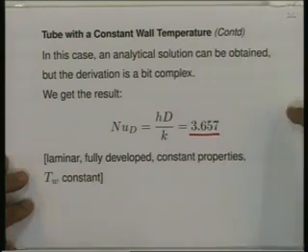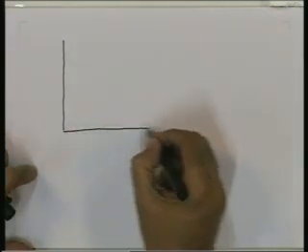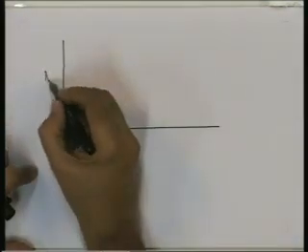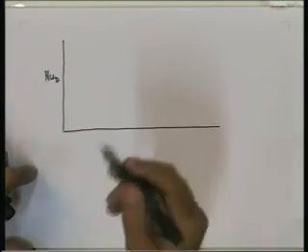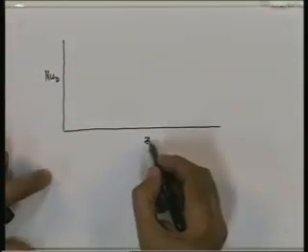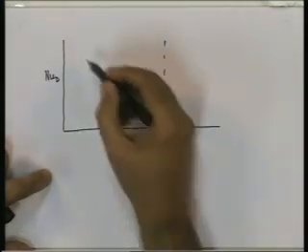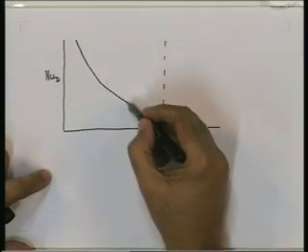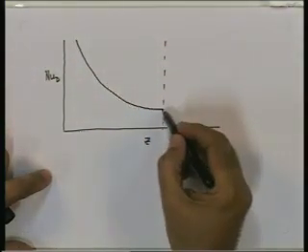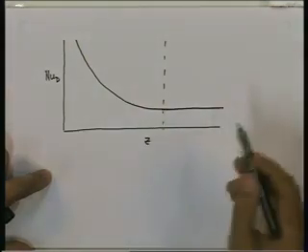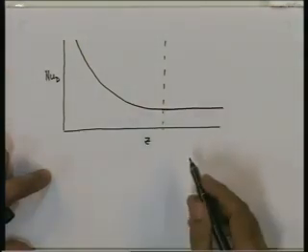Now let us go back. We said that when we had a developing temperature profile, if you plot the Nusselt number, which is proportional to the heat transfer coefficient, along Z, there is a thermal entry length in which the heat transfer coefficient will reduce, and beyond that it will essentially remain constant.